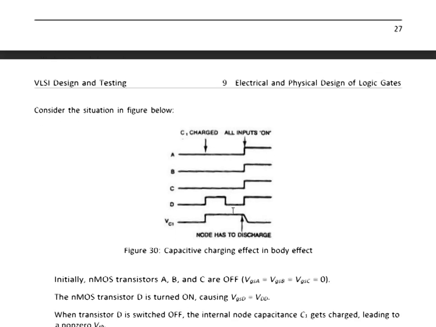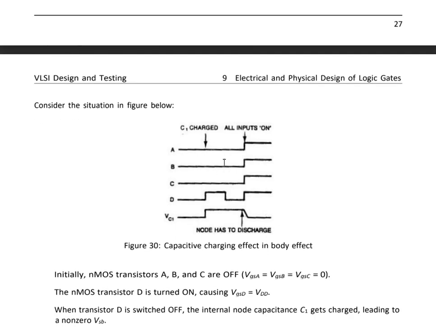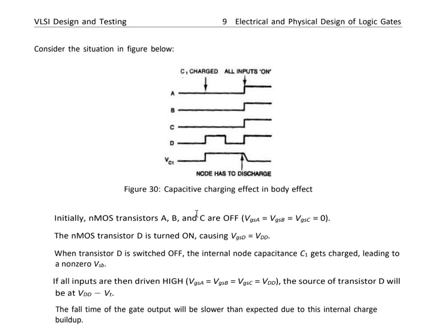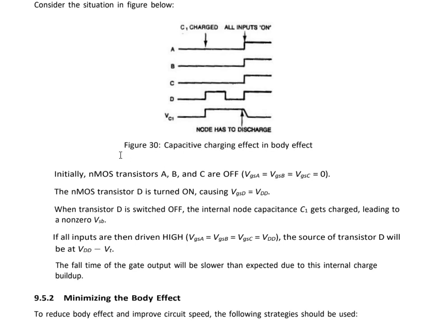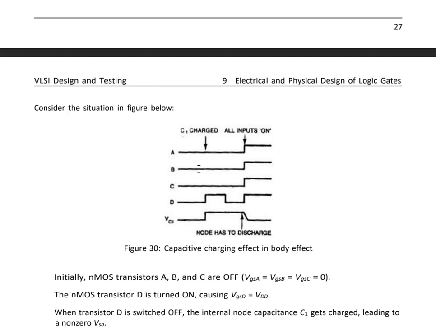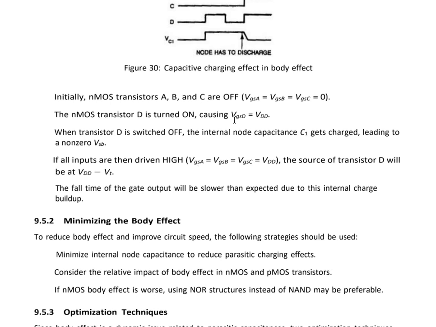And here you can see the output for various values of input, that is A, B, C and D. Initially the NMOS transistors A, B and C are off, and NMOS transistor D is turned on. So when D is turned on, VGS-D is equal to VDD, that is the gate to source voltage is equal to VDD.